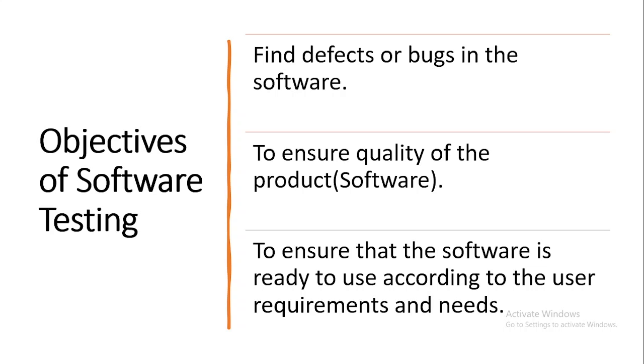This means that the quality of that software is not that good. If 100 people are using that e-commerce website and it crashes, then the quality is not good. Although the software is good and it's working, the quality is not good.